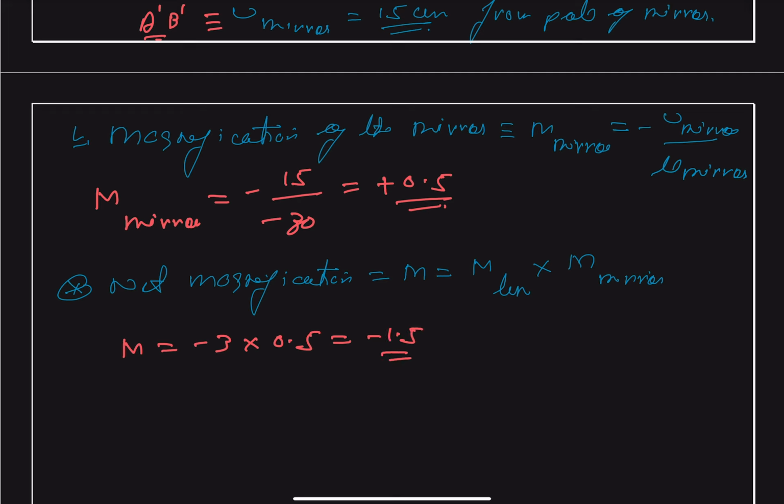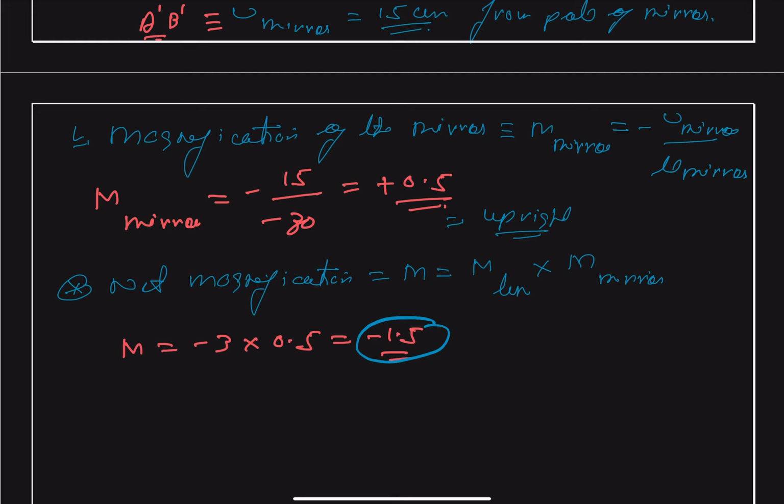And from here, as the m of the mirror is positive, the image formed by the mirror independently will be upright. Okay, so the image will be upright, and this is only when the mirror is individually forming the image, but for the combined system we can easily see that it is negative 1.5.